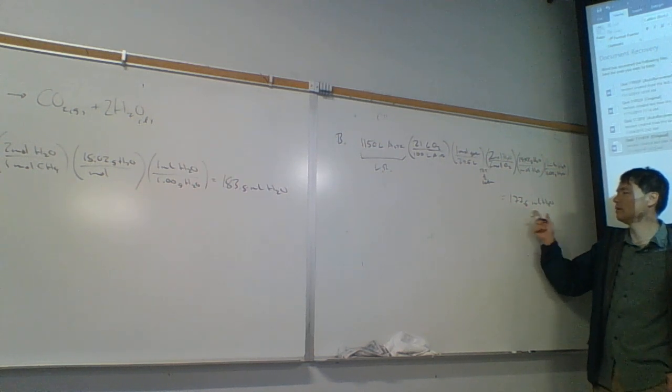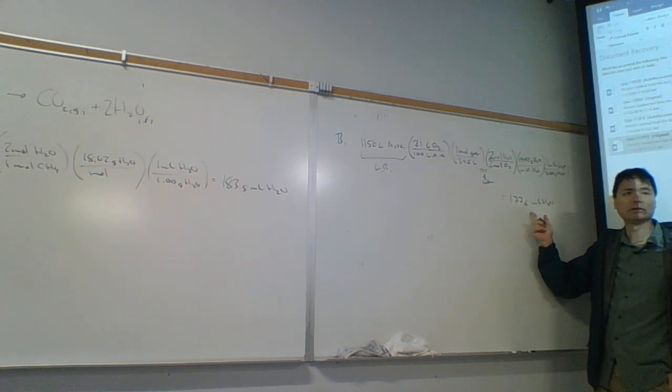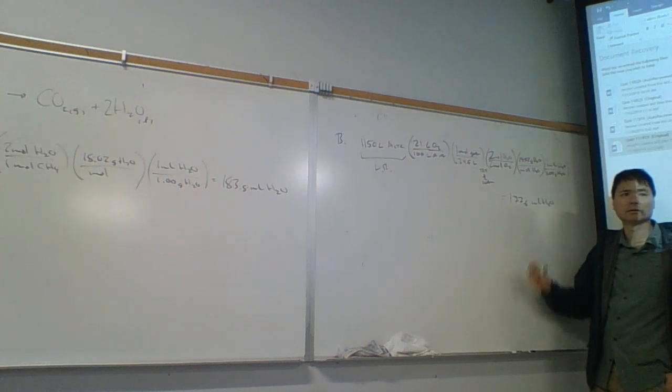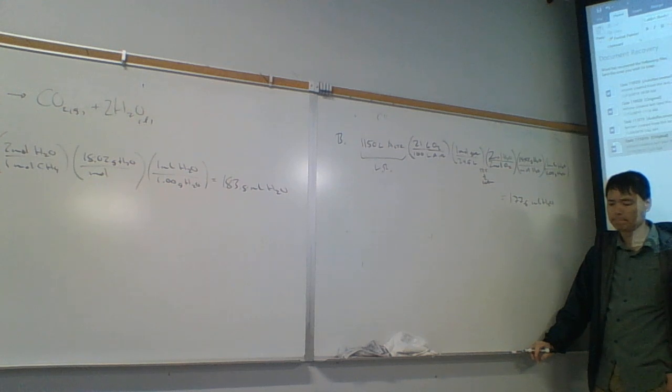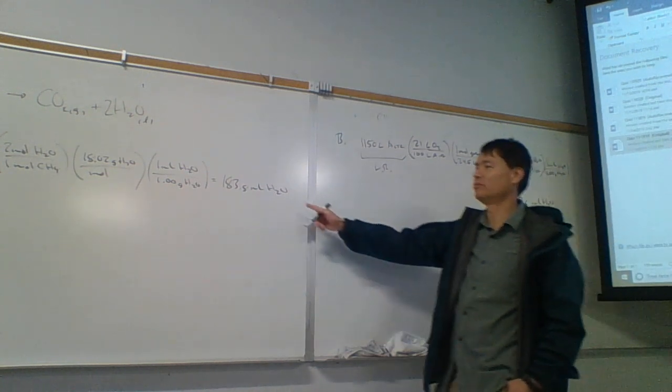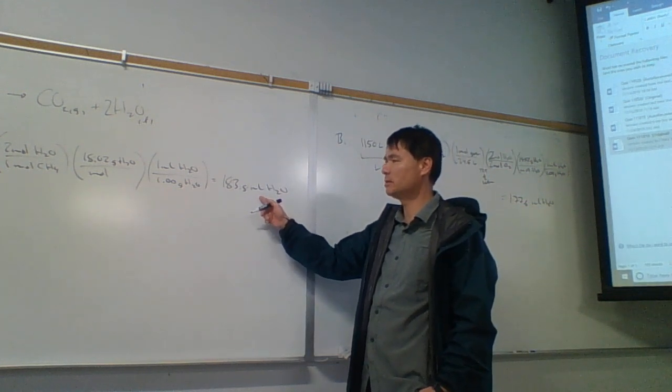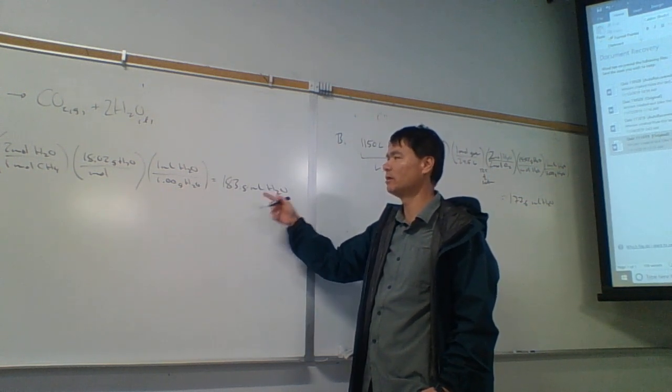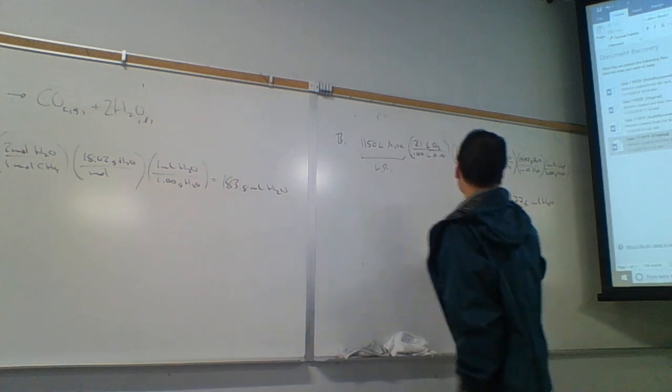And so this is my yield of water, my theoretical yield of water. I'm not going to be able to get 184 grams or milliliters. The reason is that I don't have enough air. In fact, I'm going to get this.